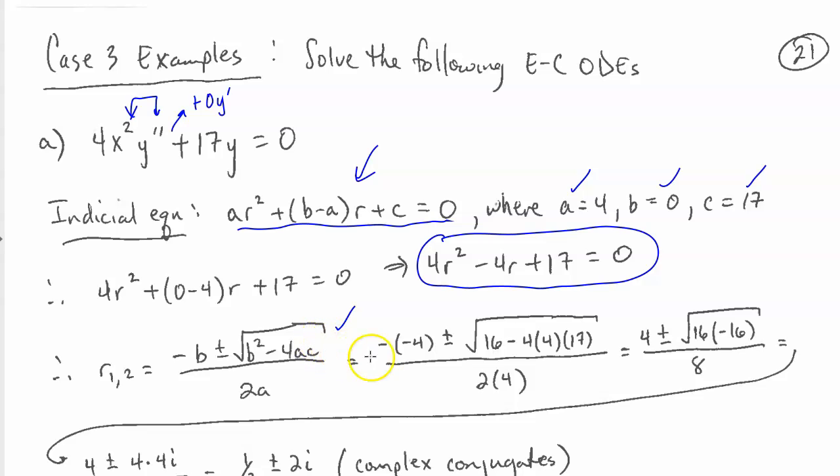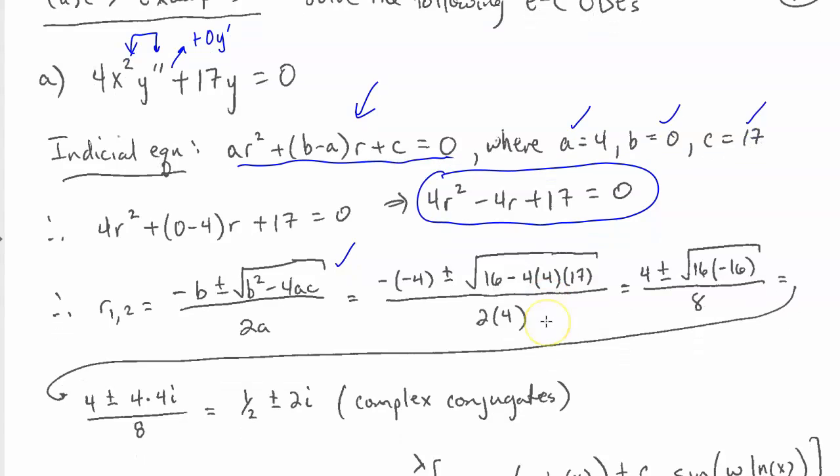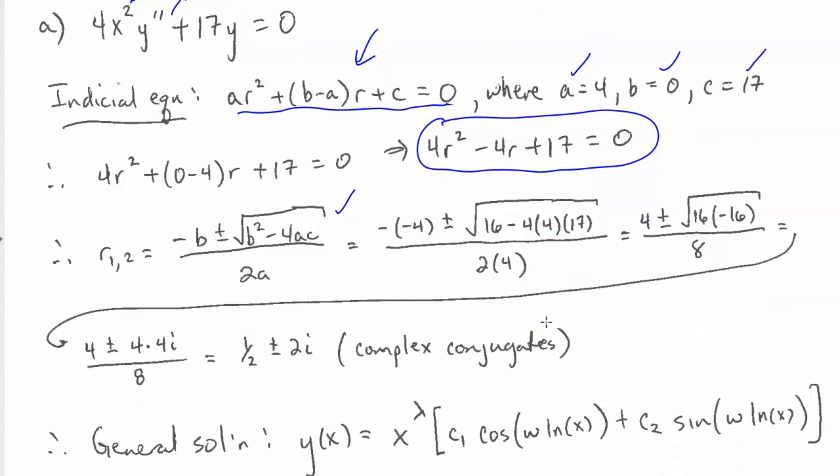So here we plug everything in, and of course you see after doing all the math there, you end up seeing here that we just get 4 plus or minus 16i over 8, and I just broke it up as 4 times 4i, because here I know square root of 16 is 4, and square root of negative 16 is 4i.